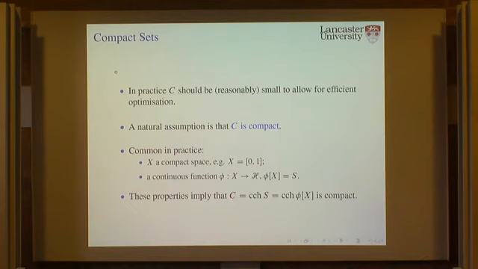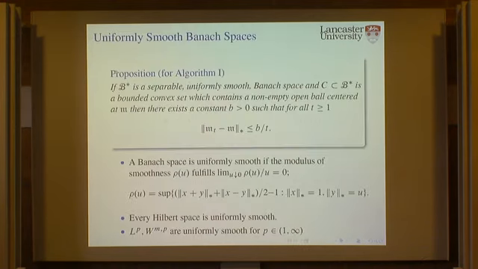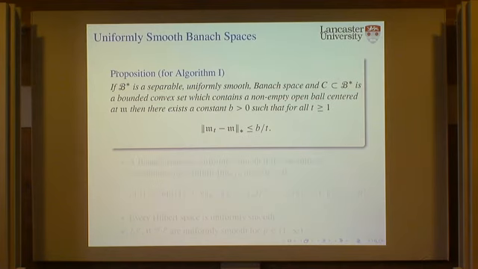Is it obvious why this is a problem in infinite dimensions for this proof? In this proof, the main assumption was this open ball assumption. If you have a compact set in an infinite dimensional function space, then there exists no open ball inside that compact set.